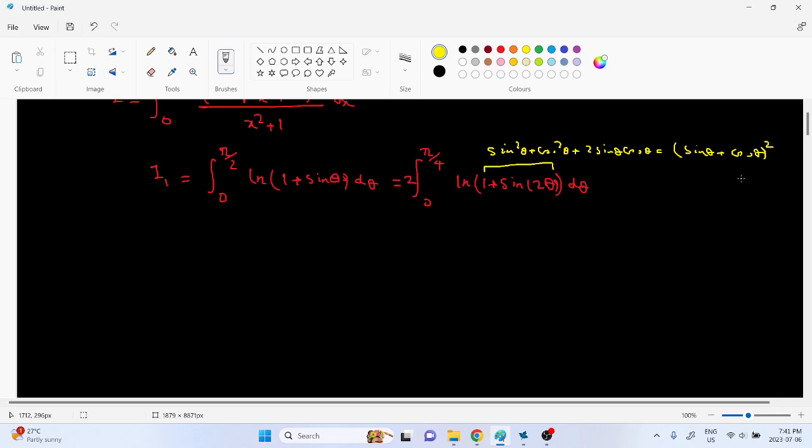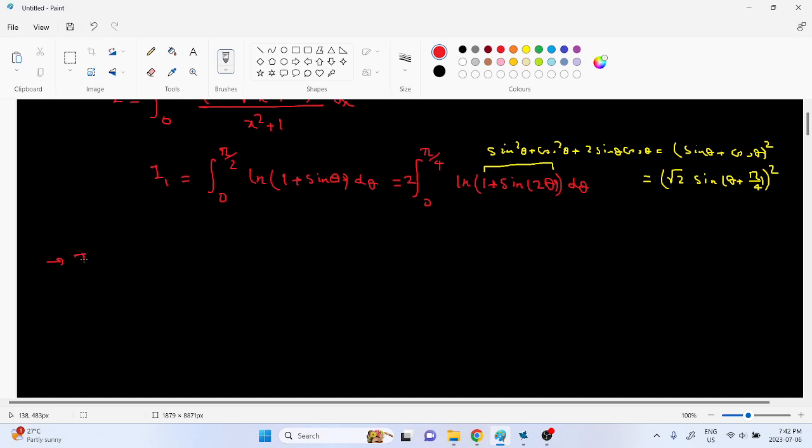And sine theta plus cos theta can be written in the compacted form as the square root of 2 times sine of theta plus pi by 4, which you can verify if you use the sum and difference formula of those good old trig identities.